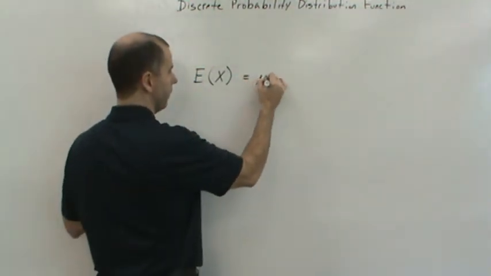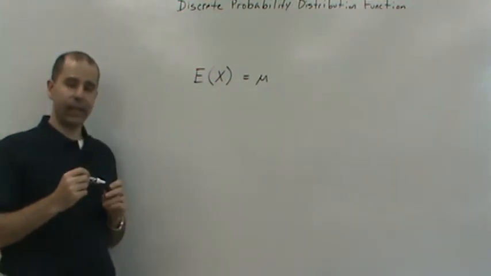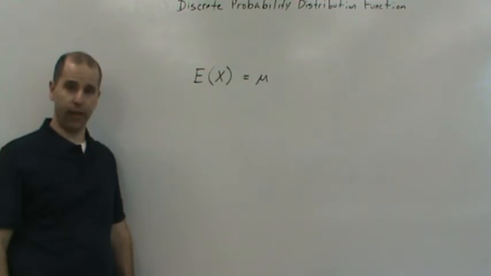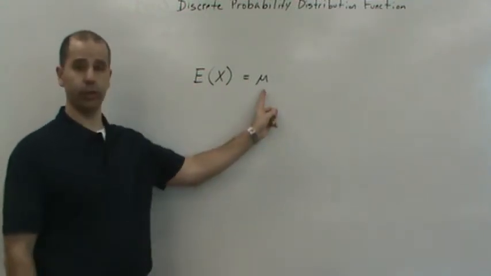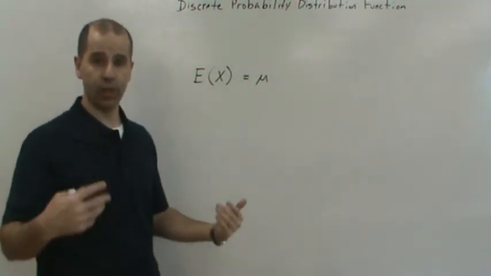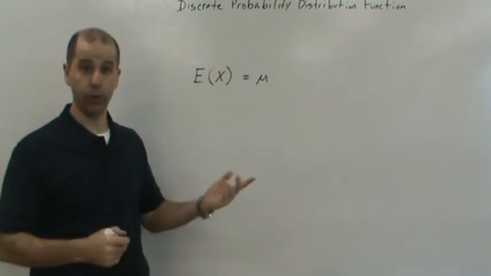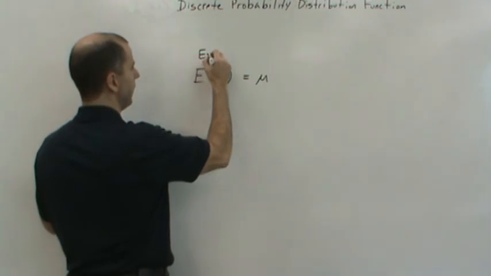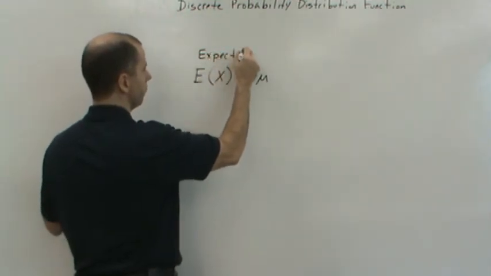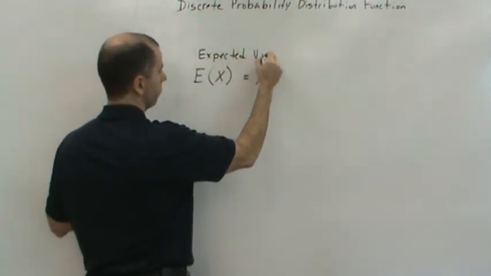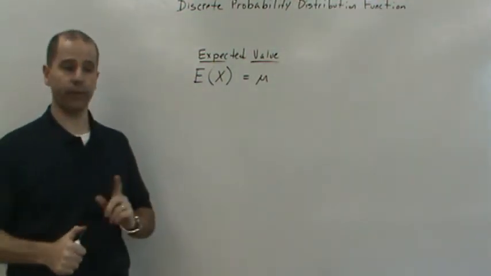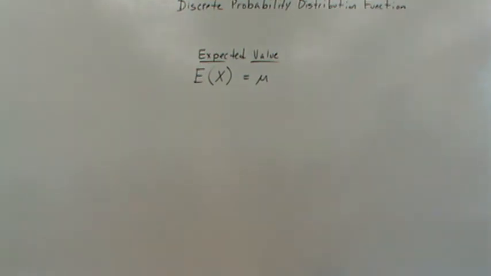It's the mean. So anytime you hear the term expected value, realize that all we're doing is talking about the mean of the probability distribution, mu. Okay? So always remember, this is what we mean by expected value. Okay? So that's one thing I wanted to make sure that I mentioned before we went on.